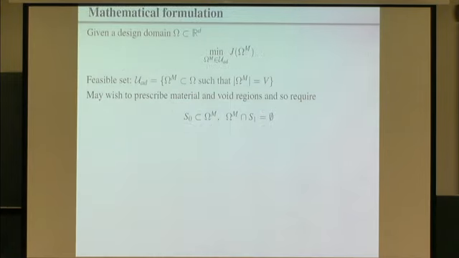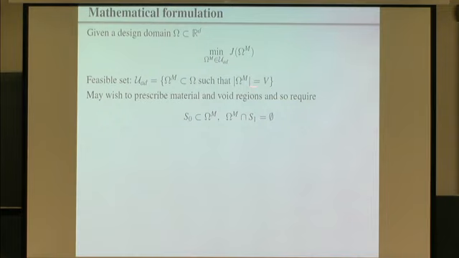So mathematically, what do we want to do? We want to minimize this objective functional J over all omega m in this admissible set U_ad, such that our material has to lie in our design domain omega, and we have a fixed amount of material from the beginning.